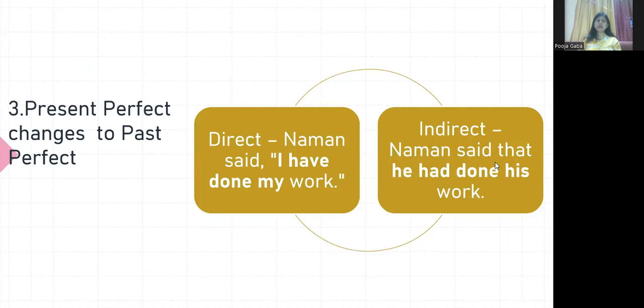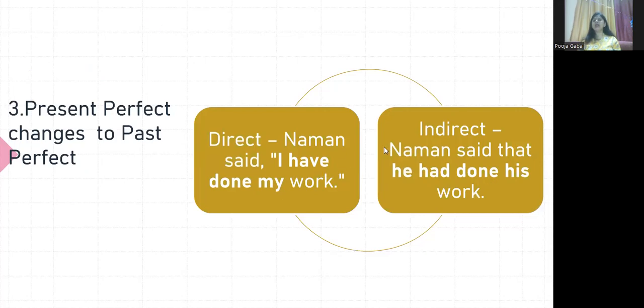Now see the next one. Present perfect changes to past perfect. Naman said, I have done my work. So while changing to indirect, Naman said will remain same. Inverted comma will be removed and we will write that. I according to Naman will become he. Have done is present perfect, which will become had done as past perfect.